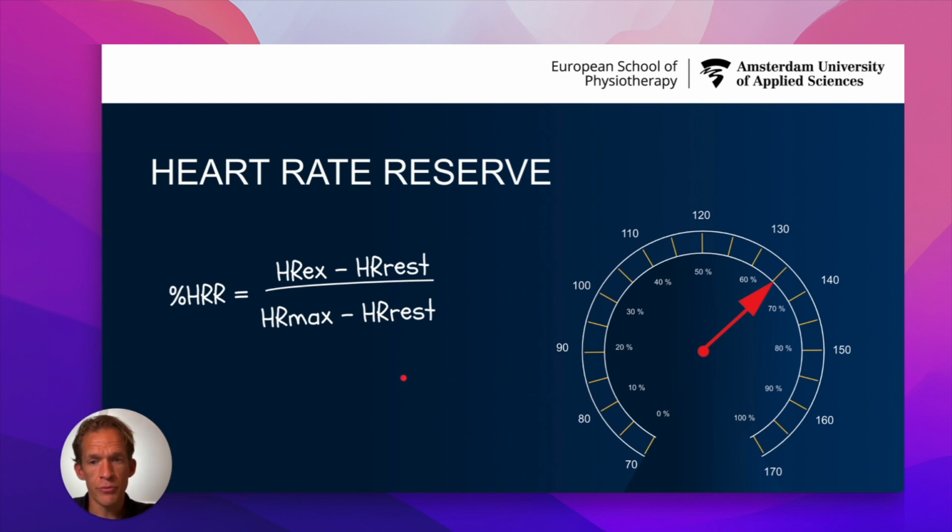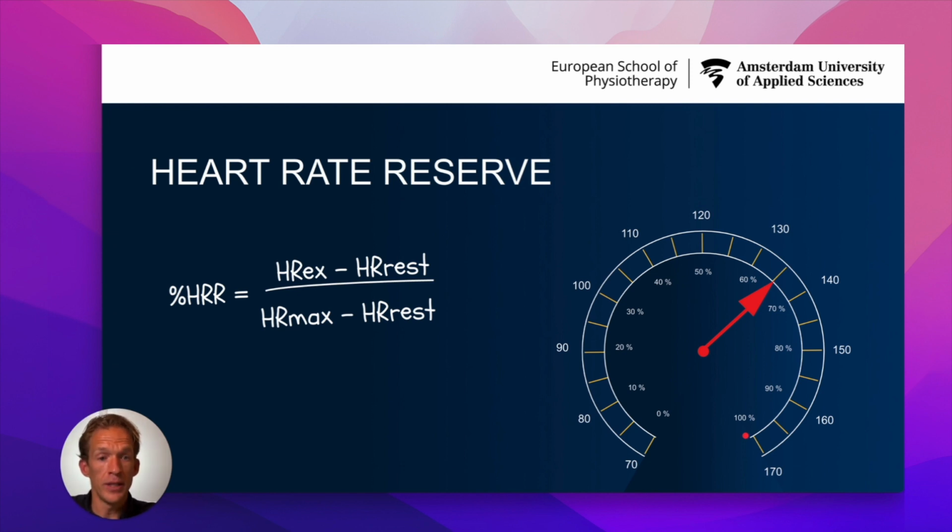In short, the heart rate reserve is basically the whole scale from resting heart rate all the way to maximum heart rate. And if you know someone's true scale, so the complete heart rate reserve, then it's a lot easier and more accurate to pinpoint the intensity somewhere on that scale.